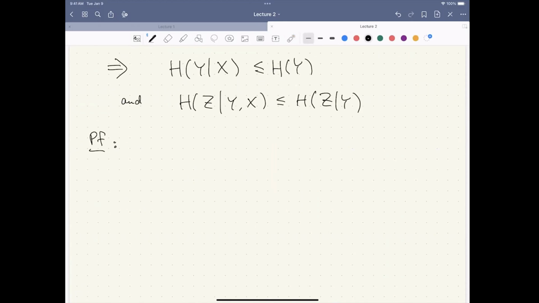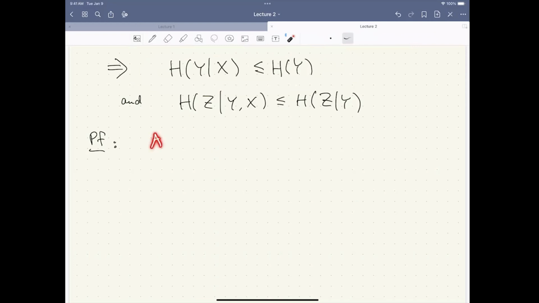So how do we prove this? Let's write down the left-hand side and right-hand side using the axioms that we know. When we have conditional entropy involved, the corresponding axiom is the additivity axiom.